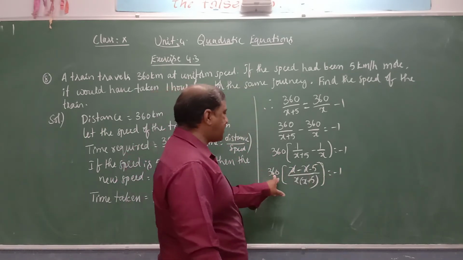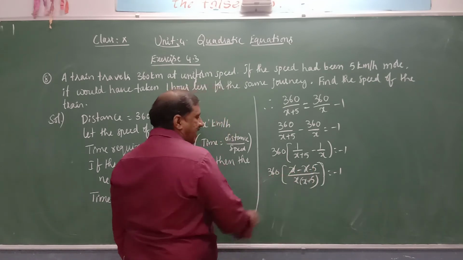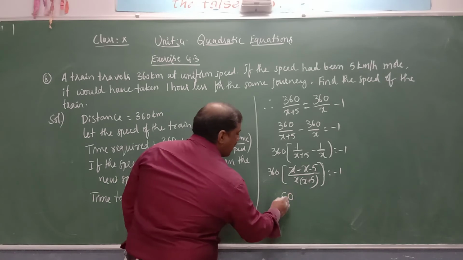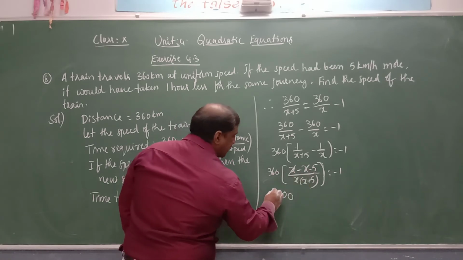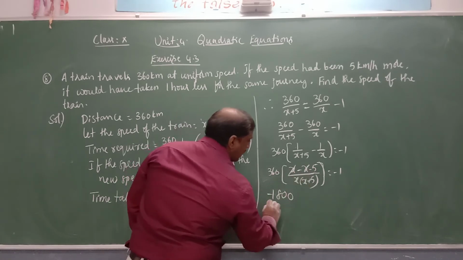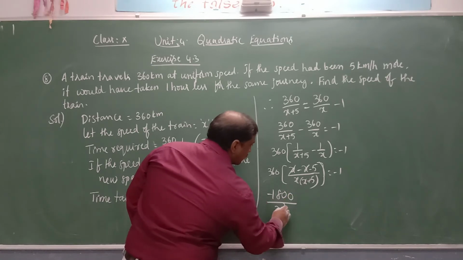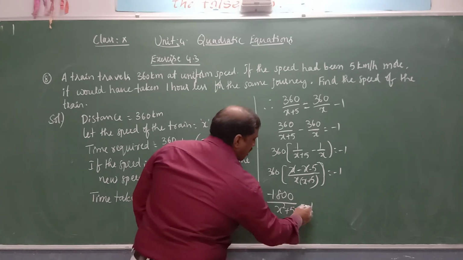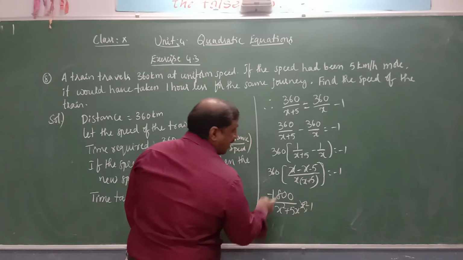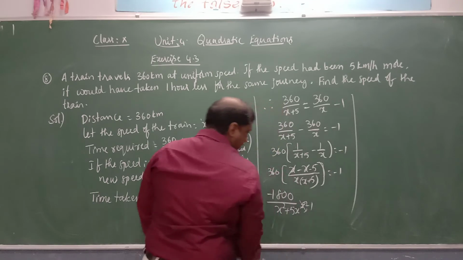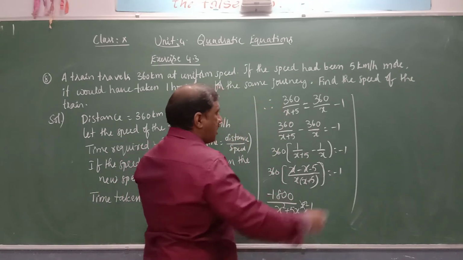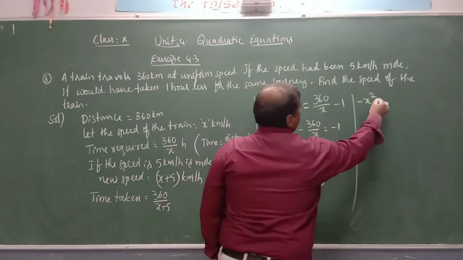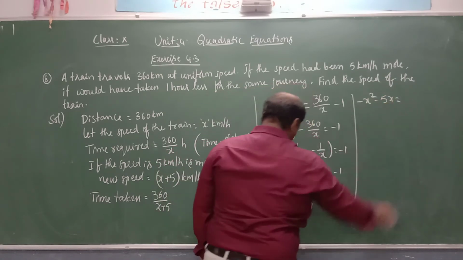Now multiply 360 with minus 5. So what we get is 5 zeros are 0, 5 6s are 30, 5 3s are 15 plus 3 is 18, minus 1800 divided by x into x plus 5, that is x square plus 5x, that is equals to minus 1. By cross multiplication, we are multiplying with minus 1.